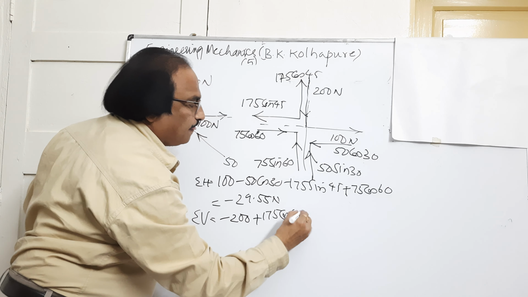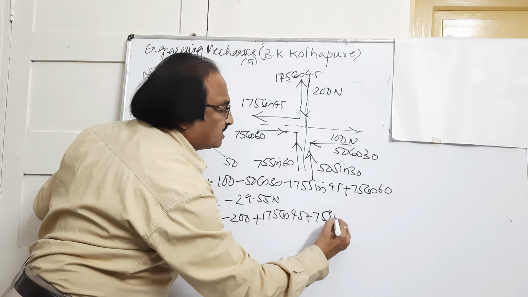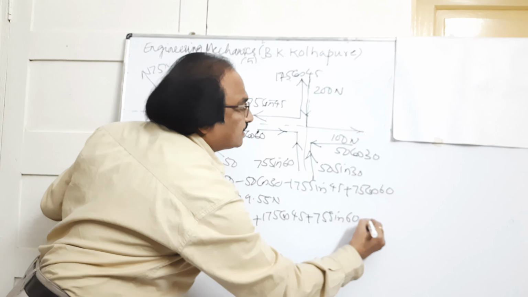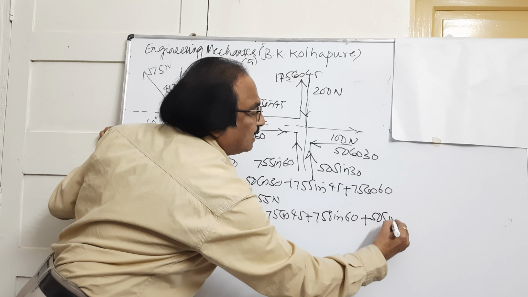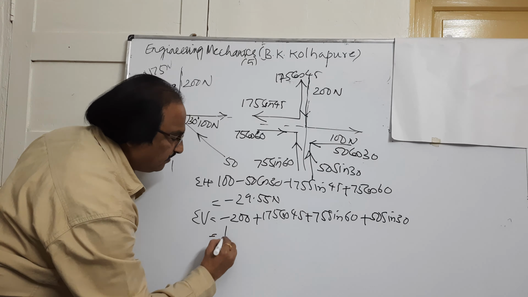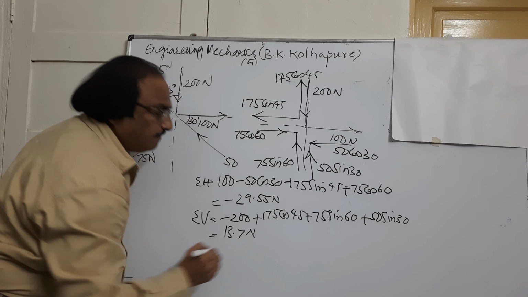Now this is also vertical, it is also acting up. So 75 sin 60. This force is also acting up, plus 50 sin of 30. If you simplify this, you get sigma V is equal to 13.7 Newton.